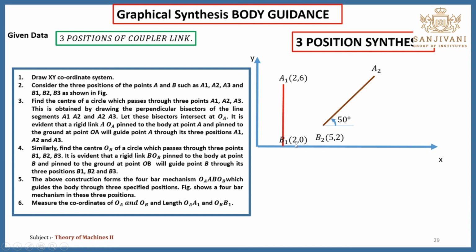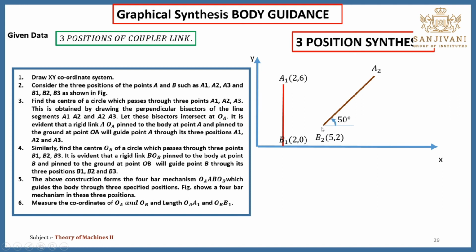See, you have to draw the positions of all these links to true scale. You have to draw that horizontal line, and you need to consider these distances in centimeters. That means the horizontal distance is 20 centimeter. Through this we need to find that the vertical distance is 60 mm, and you need to find the location of this point A1.